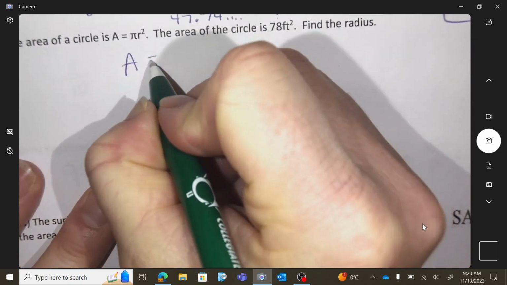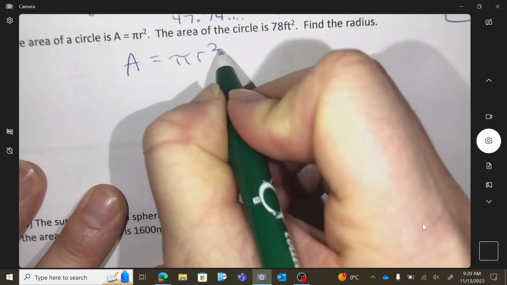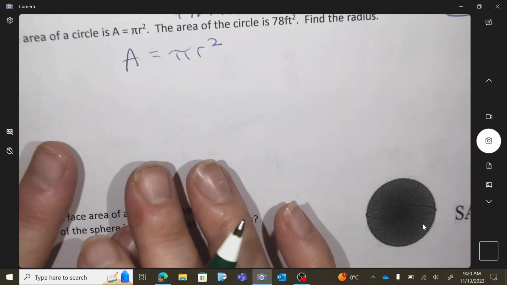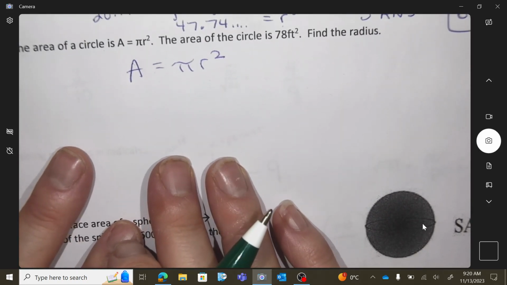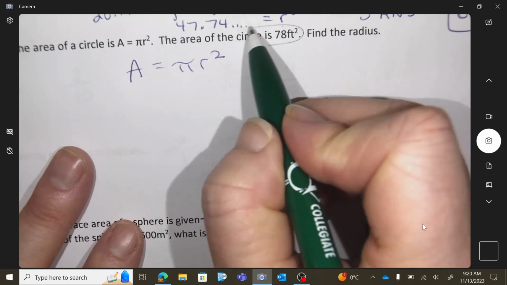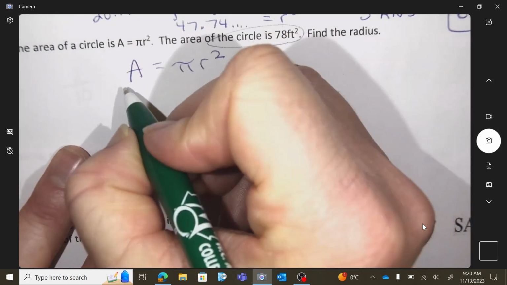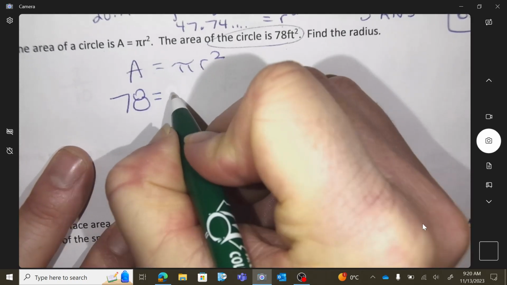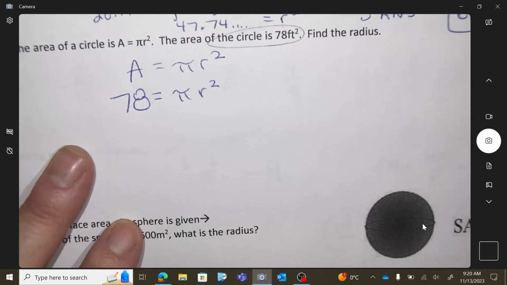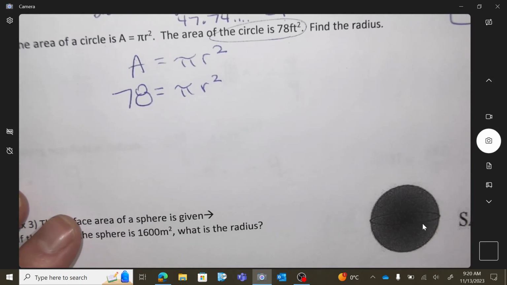Okay, area of a circle. Formula. A equals pi r squared. The area is 78. Find the radius.